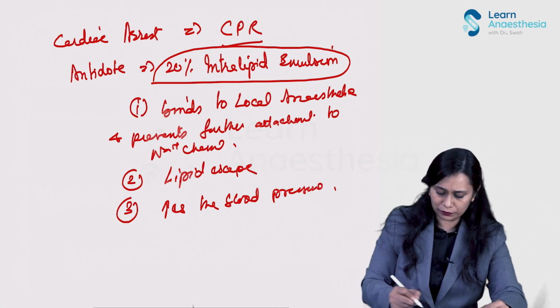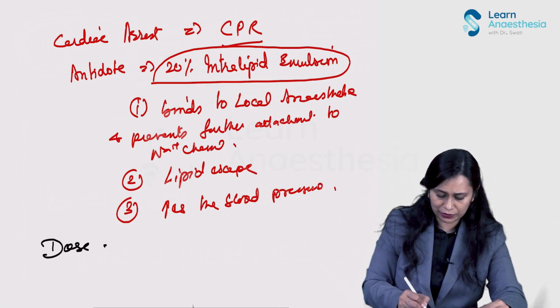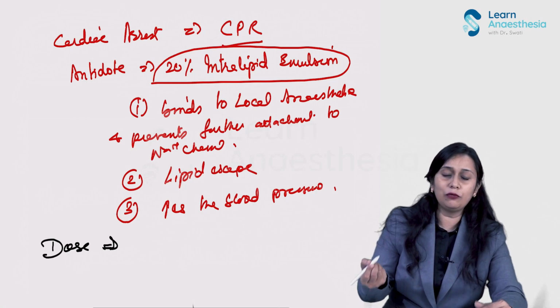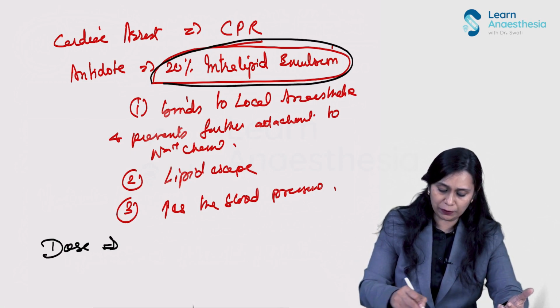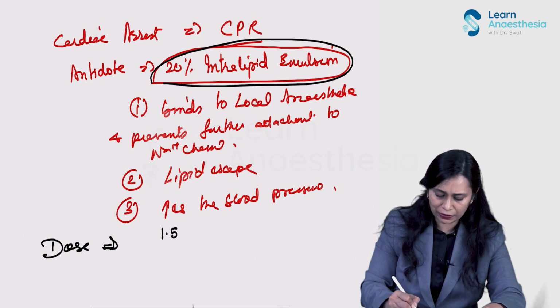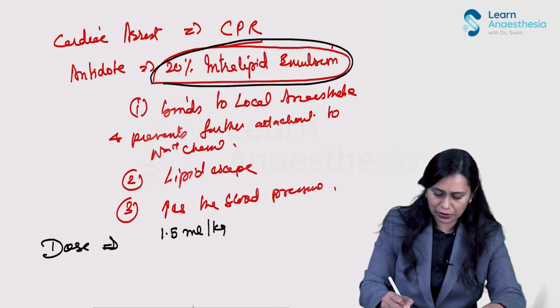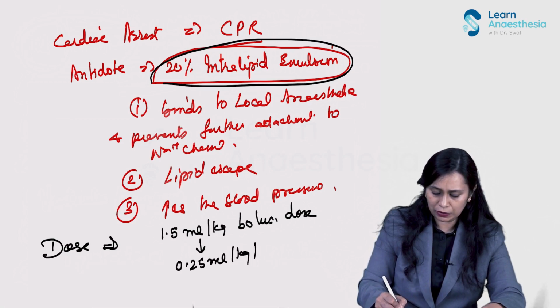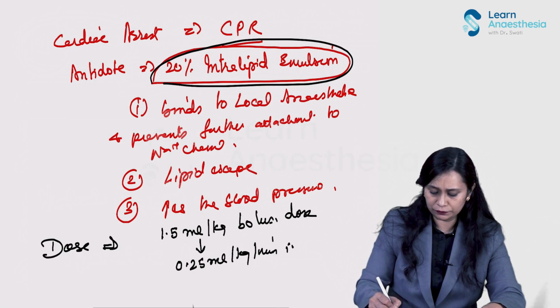What is the dose of 20% intralipid which we use for LAST? We start with a 1.5 ml per kg bolus, followed by a 0.25 ml per kg per minute infusion, okay?